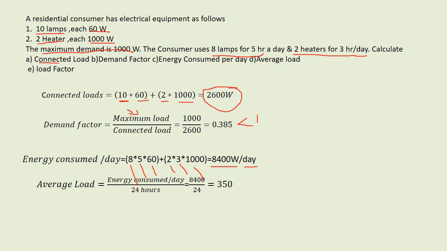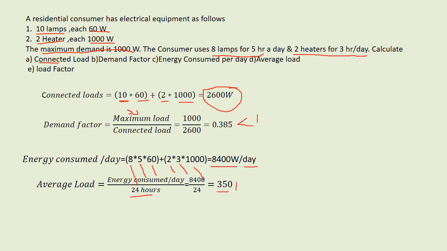Next will be your average load. Average load is the energy consumed per day upon the number of hours, or 24 hours. I have already calculated the energy consumed, that is 8400 watt hours per day, and divided by the whole hours, in one day it is 24 hours, so that will be your 350 watt.